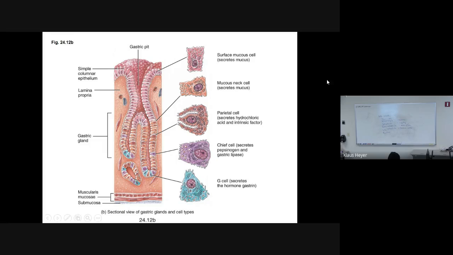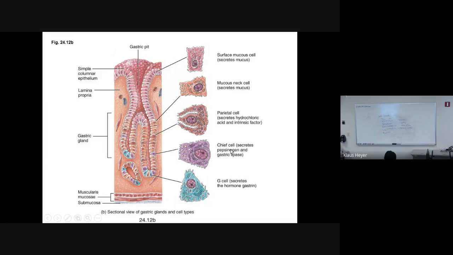But anyway, one of the cells is called parietal cells. So mucous cells make mucus, parietal cells make acid, chief cells make an enzyme. Forget about gastric lipase, but an enzyme called pepsinogen. Pepsinogen is going to become pepsin. See, there's another case where we have OGEN.